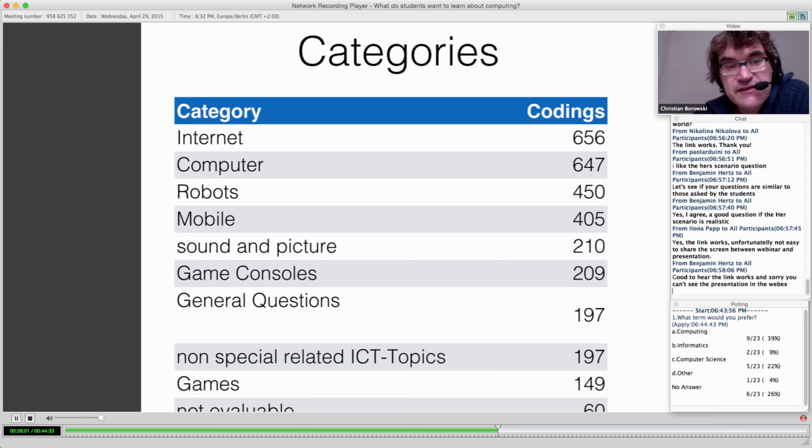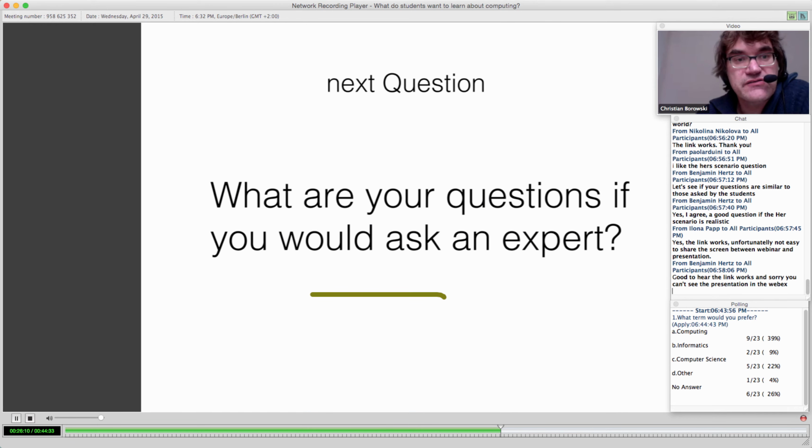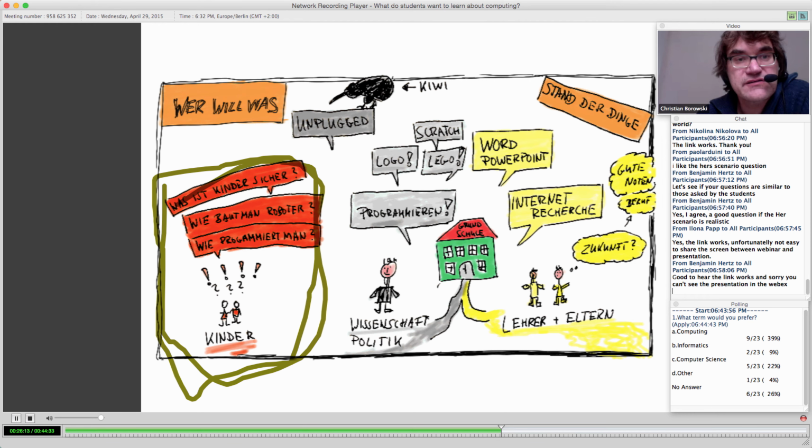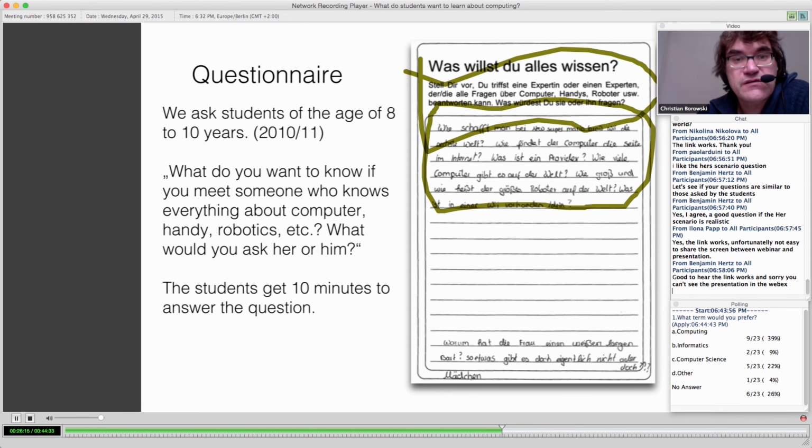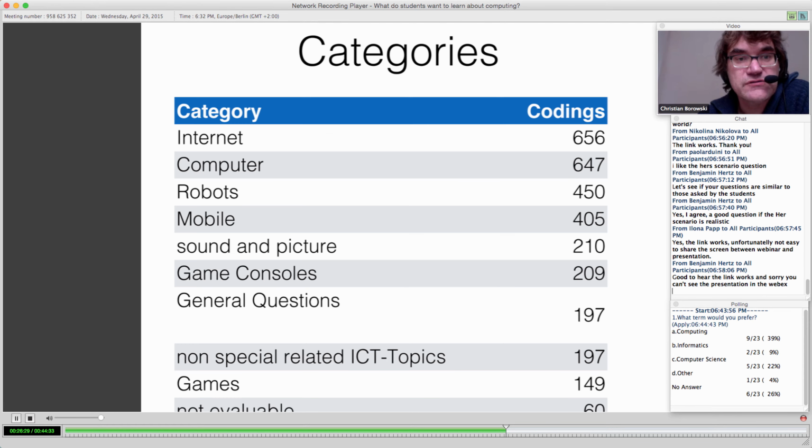What is interesting is that games and game consoles were not part of the question. We asked for computers, mobiles, and robots, and we didn't ask for games or game consoles. So it's interesting, in my opinion.